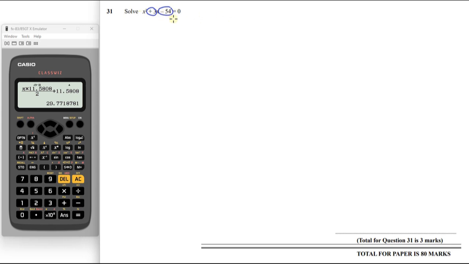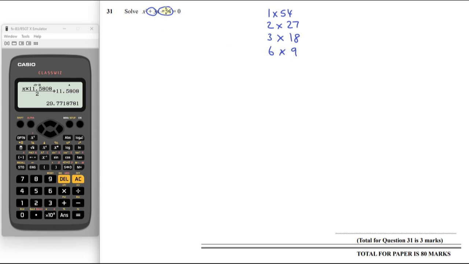So if we think about our factors of 54, we've got 1 times 54, we've got 2 times 27, we've got 3 times 18, and we've got 6 times 9. I think those are all of the factors of 54.